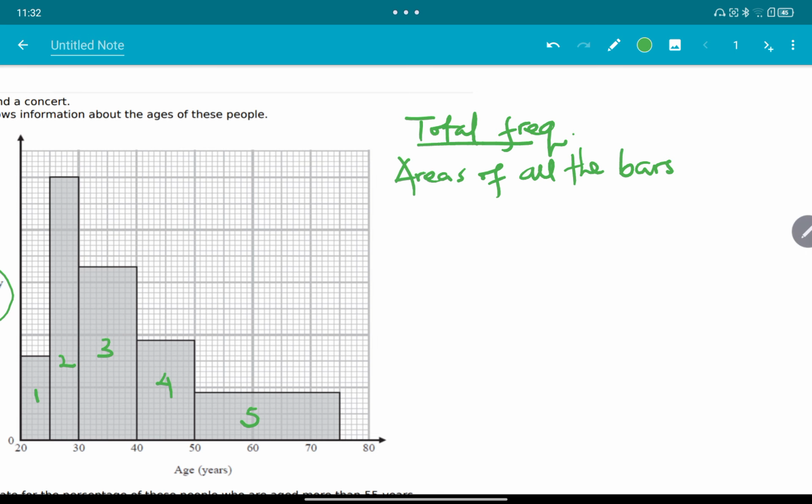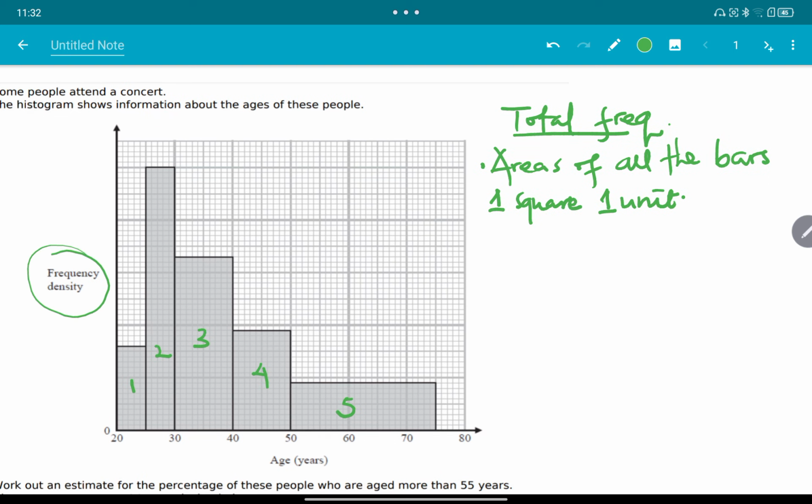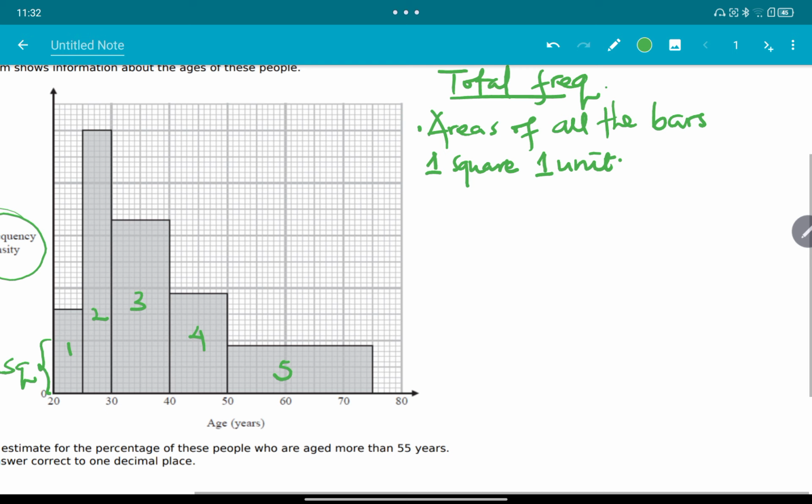We've just said at this point we've not been given frequency density, so it is up to us to pick a unit we can easily work with. For example, let me say I'm using 1 square to represent 1 unit. When I talk of 1 square, this is what I mean, the whole of this. If it represents 1 unit, I need to get the areas of the different figures, that is 1, 2, 3, 4, 5.